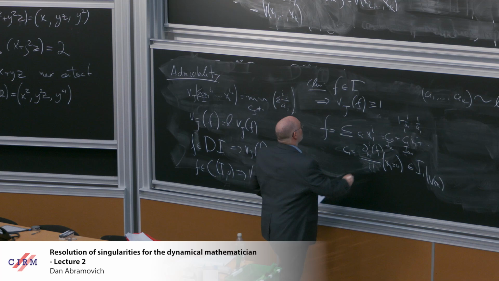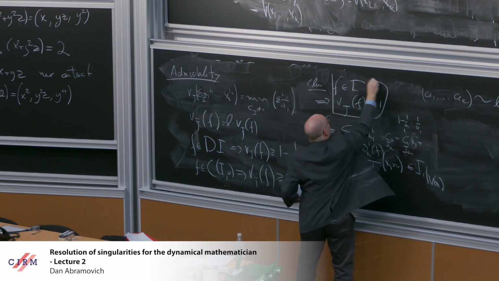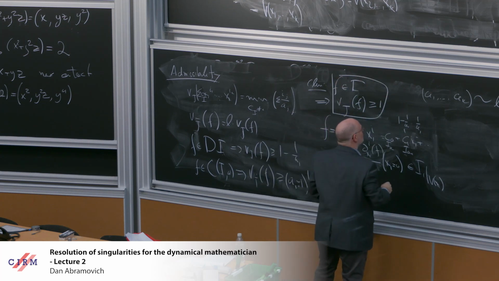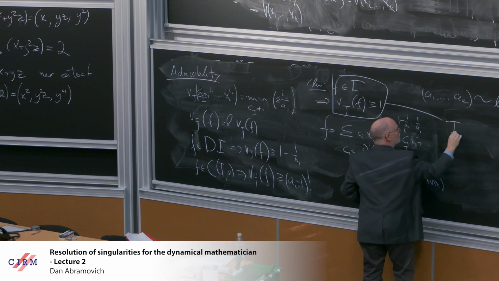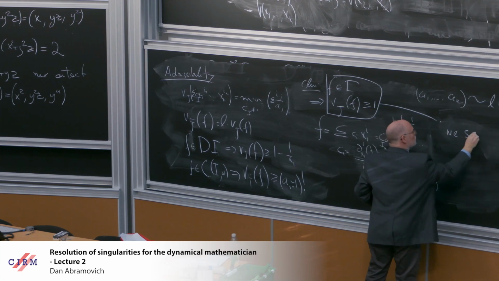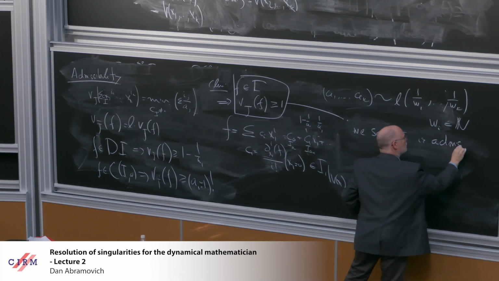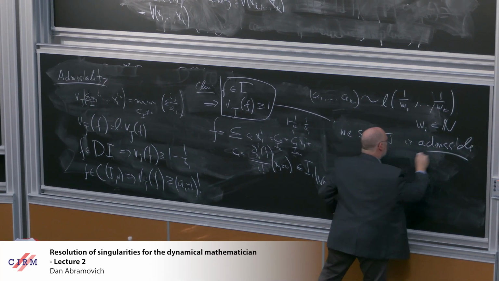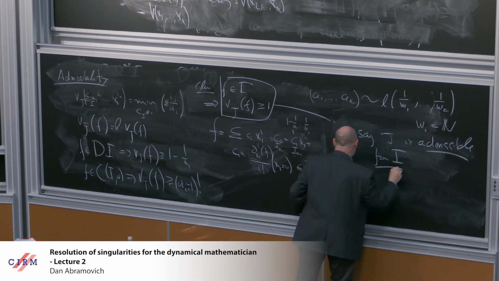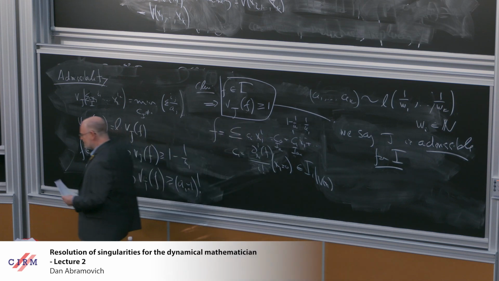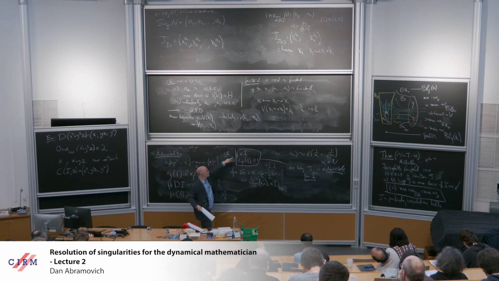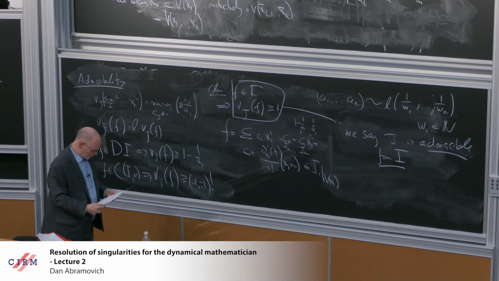So this is our definition of saying that J is admissible. We say J is admissible for I if every element of I has valuation at least 1. And I just argued that this holds.